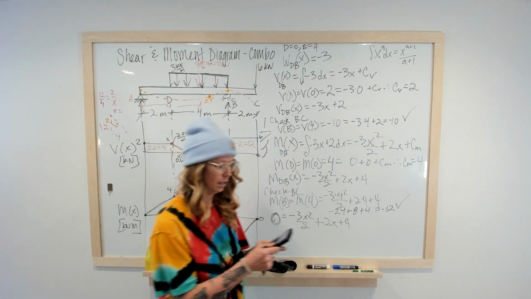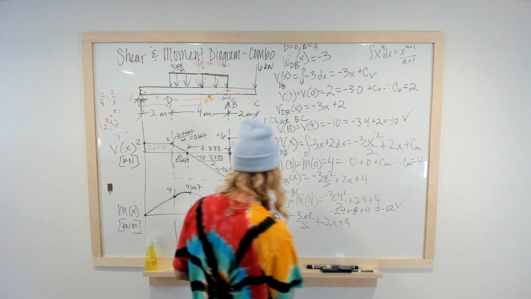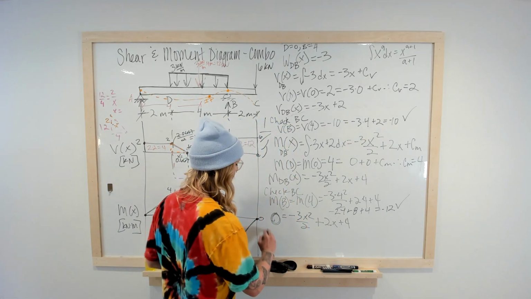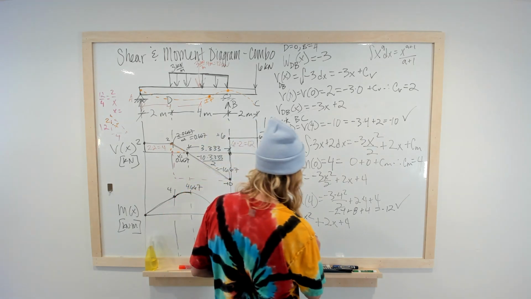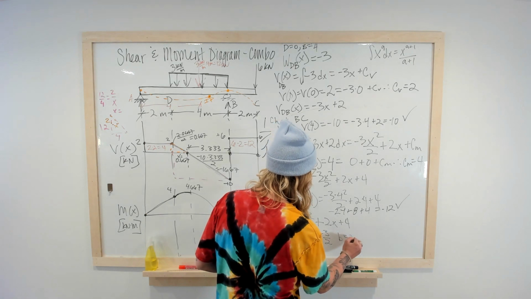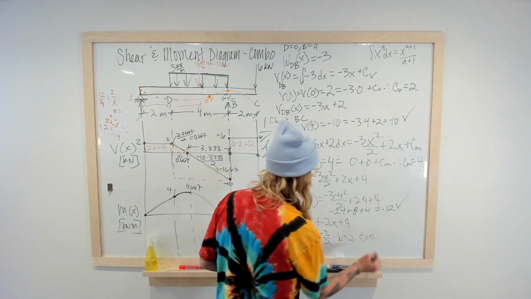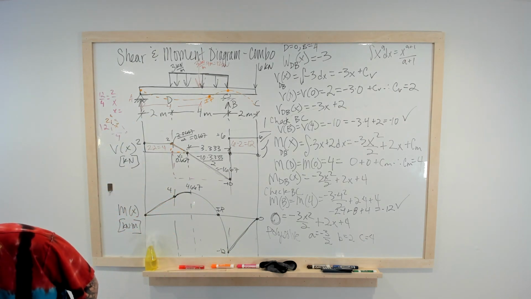All I have is the TI-30X. Use the TI-36X Pro, and you're going to use the button PolySolve. And you say A is equal to negative 3 over 2, B is equal to 2, and C is equal to 4. Now you can use the quadratic formula, but that's ridiculous. Don't use the quadratic formula. It is way too long.